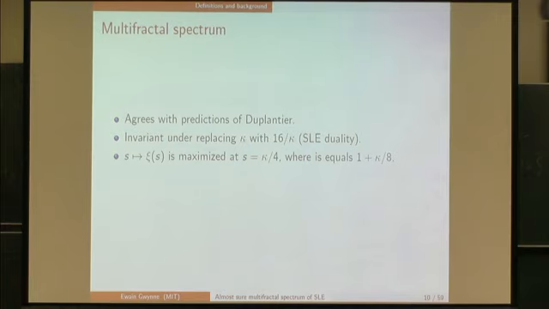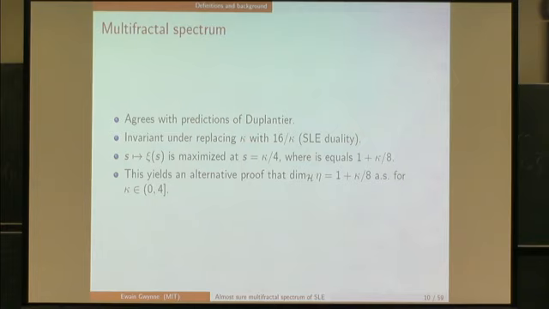Additionally, the function xi of S, which gives the dimension of the subset of the curve, is maximized when S is equal to kappa over 4. And its value there is 1 plus kappa over 8. So this value is of interest because it gives us the dimension of the boundary of the domain, because it just says that every point of the domain has to have some kind of derivative behavior as we approach the boundary.